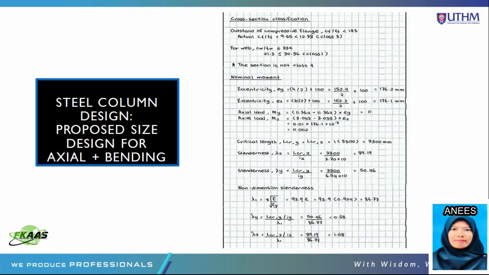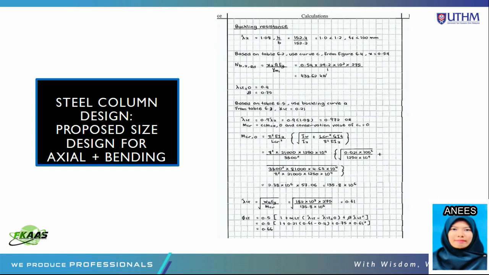Next, the proposed size will be designed for axial plus bending, and firstly we find the cross-section classification, and the section is not in class 4. Then we calculate the nominal moment and the buckling resistance.